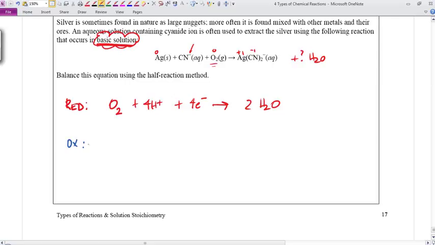The oxidation piece is to take the silver in its metallic elemental form and convert it over into the complex. Now you don't know it's a complex. I've used that word twice now without explaining that to you, and that's just not very nice. So when I see something where it's all clumped together like this, a metal and then often another ion of some sort together, and the whole bloody mess has a charge on it, that's what we often call a complex coordinated ion.